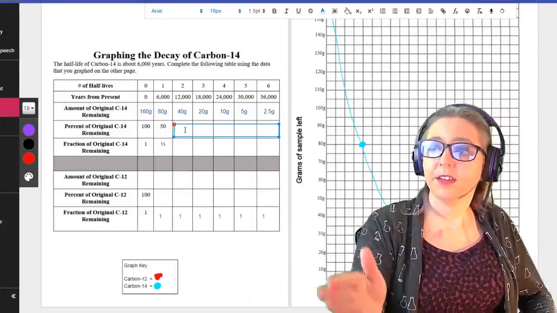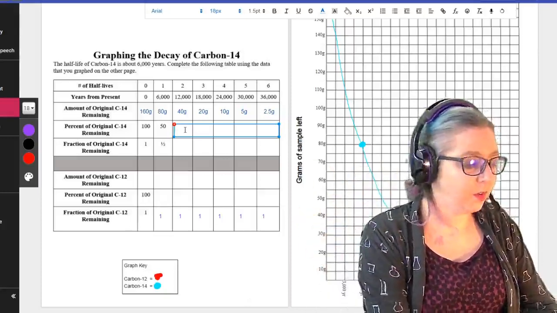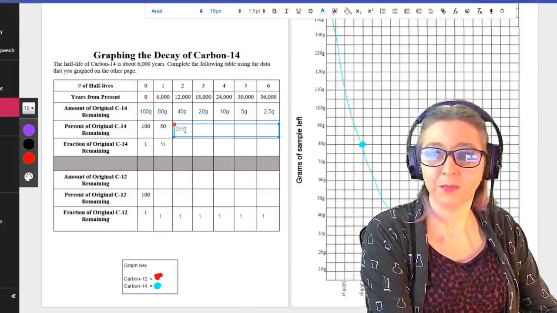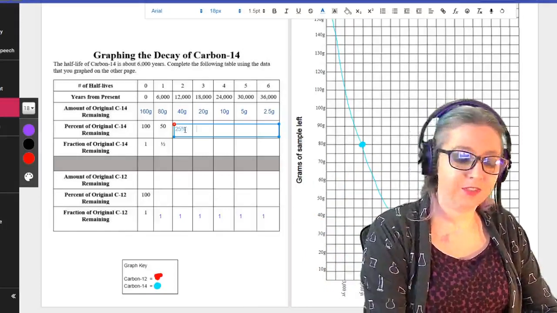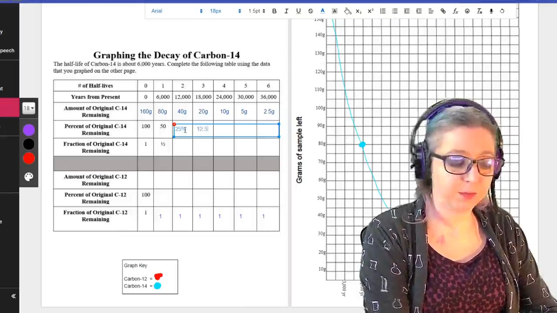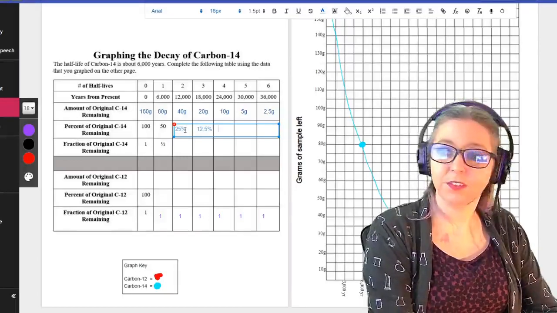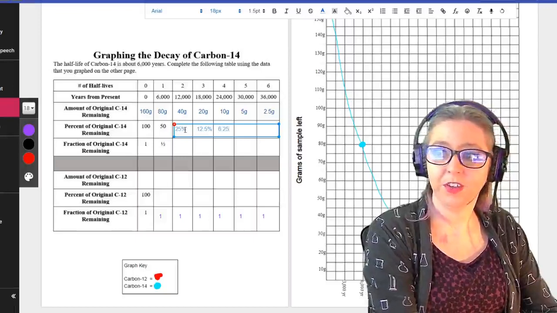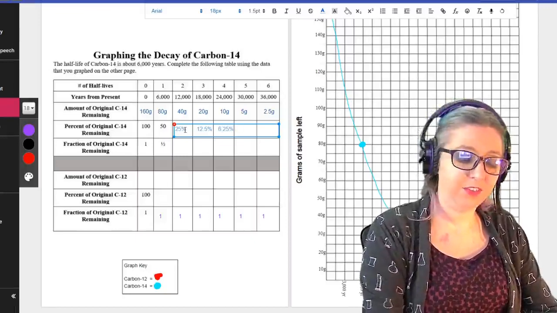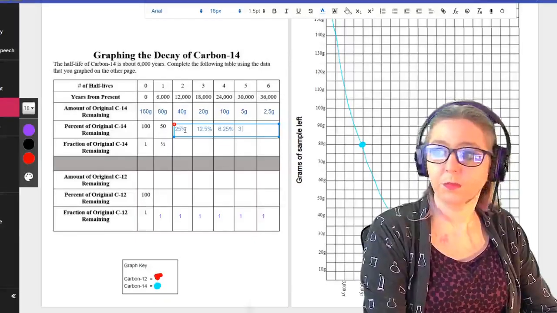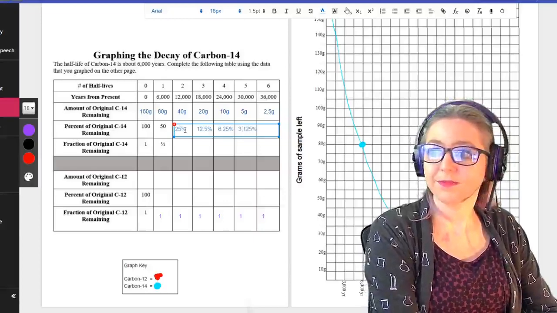So 100%, after one half-life, we're down to 50%. So 2 half-lives brings us to 25%. 3 half-lives brings us to 12.5%. 4 half-lives brings us to 6.25%. 5 half-lives brings us to 3.125%.